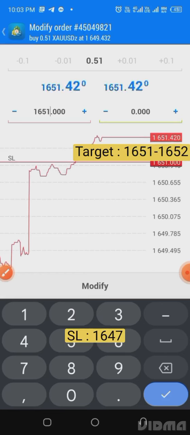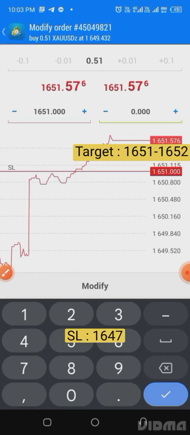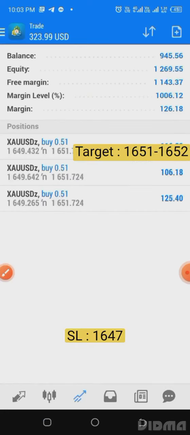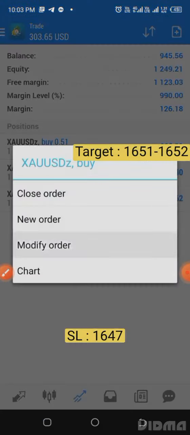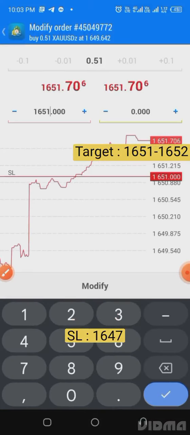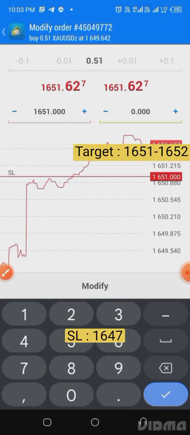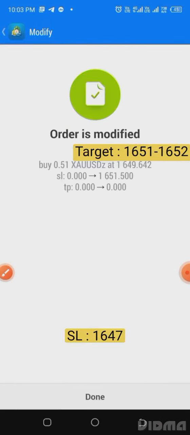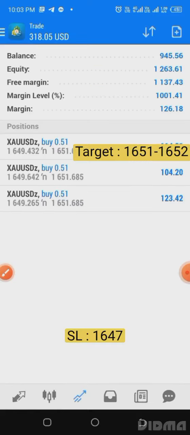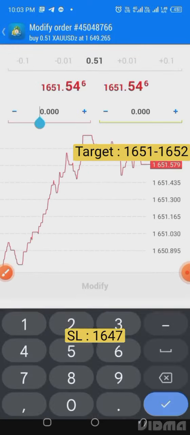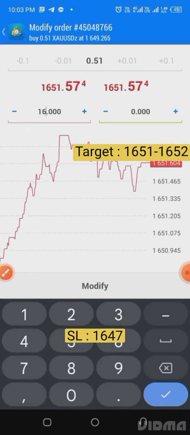Currently, at 1651.600, we just place the stop loss at 1651.300. We assure our profit, 1651 to 1651.500. If you check, $300 is running from $945, almost 30%.